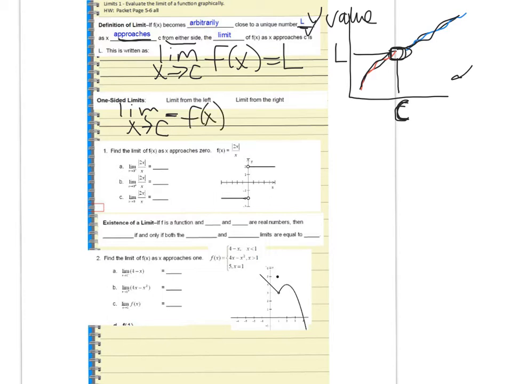So the minus sign, and you can see it down here in 1a, means as we approach from the left. On the right, you can imagine the limit as x approaches c from the right of our function. The plus sign again is after whatever that x value is that we're getting closer and closer to.